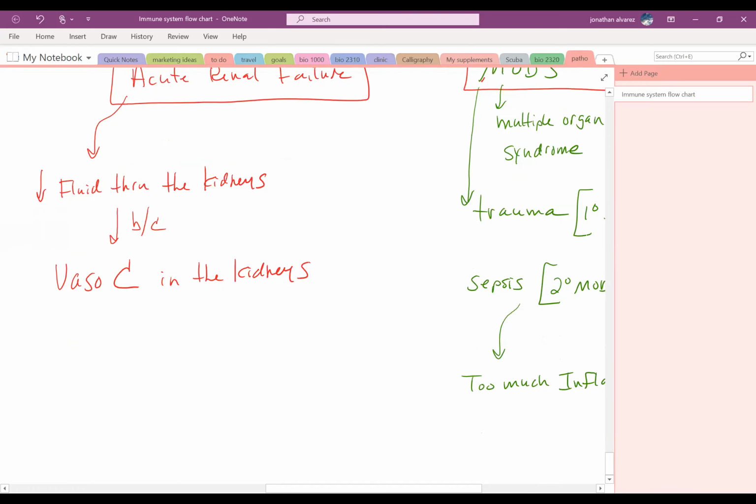And this causes a decrease in the GFR. You can actually do a lab on that to figure that out. That's the glomerular filtration rate.